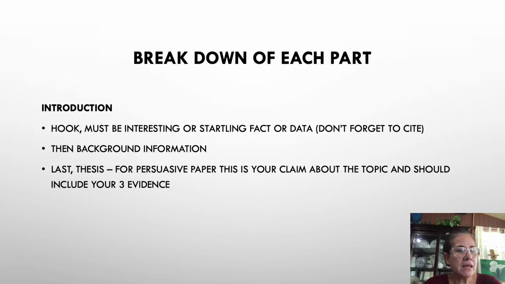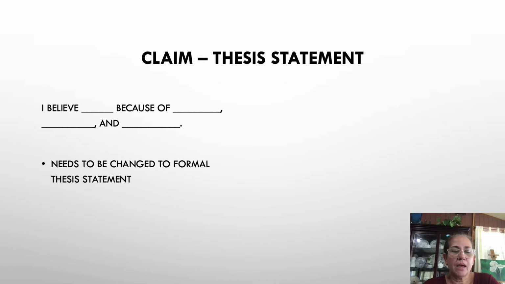Because this is the persuasive essay, it's not just a topic thesis statement. This has some very clear parts that have to be adhered to. There are steps to writing your claim or your opinion statement, and how to formalize it into an actual formal argumentative thesis statement.